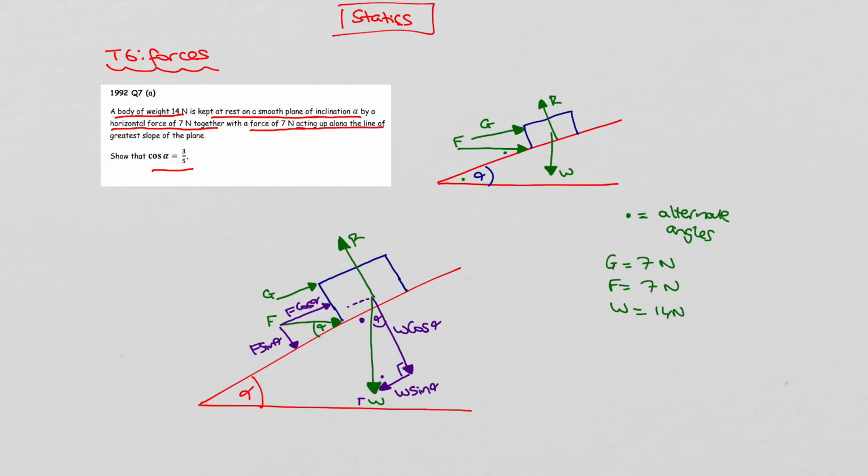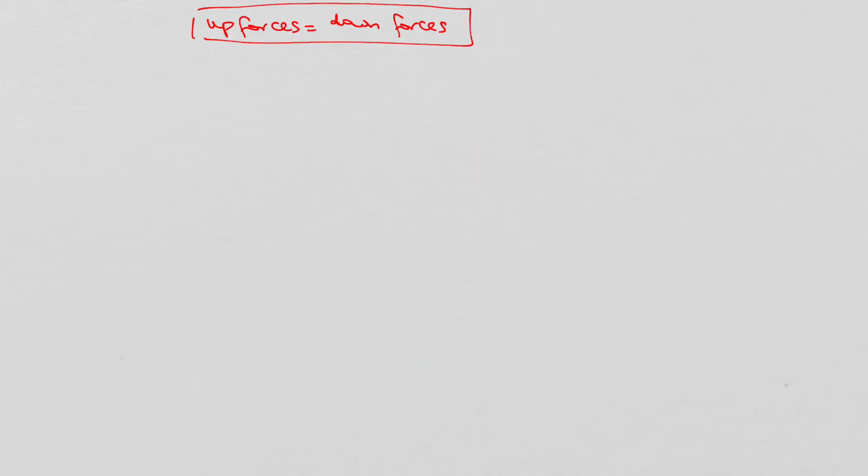So we have R acting up, and we have F sine alpha and W cos alpha acting down. That means R must equal W cos alpha plus F sine alpha. But we know that W is 14 newtons, and we know that F is 7 newtons. We call that equation 1.